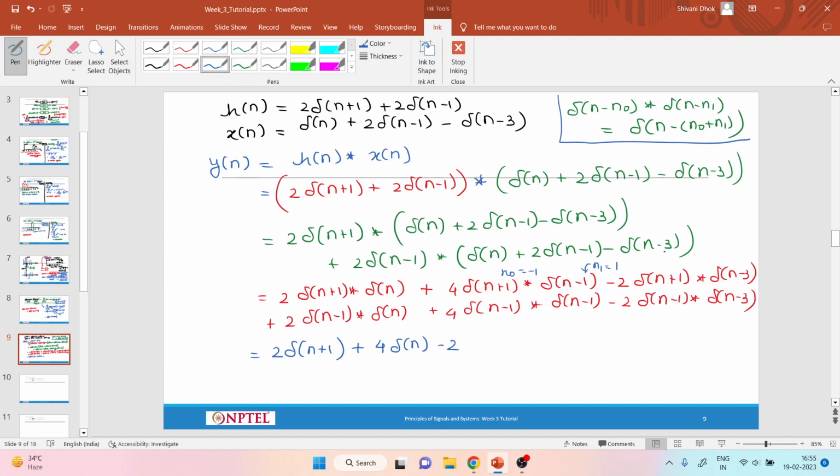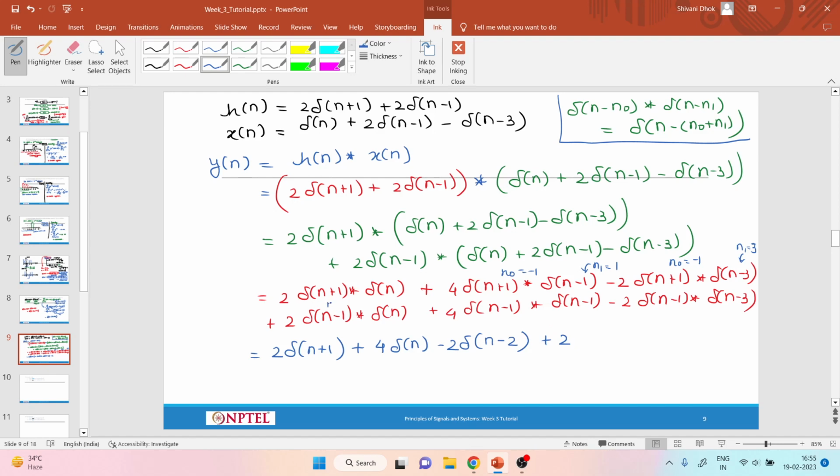Then minus 2 times, here my n naught is minus 1 and my n1 is 3. So n naught plus n1, minus 1 plus 3, is 2. So this will be equal to delta of n minus 2, plus 2 times this factor.